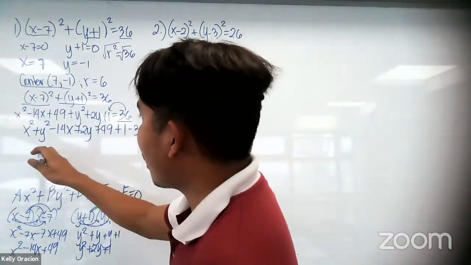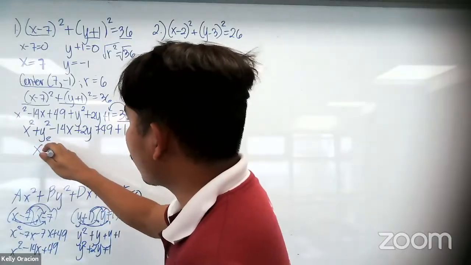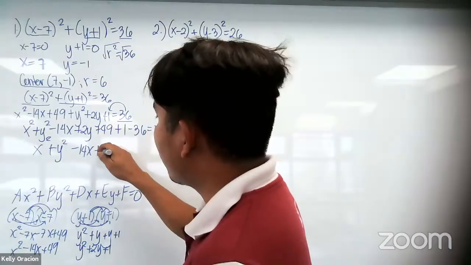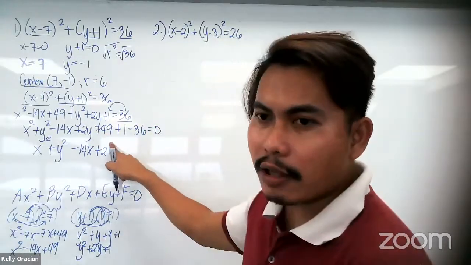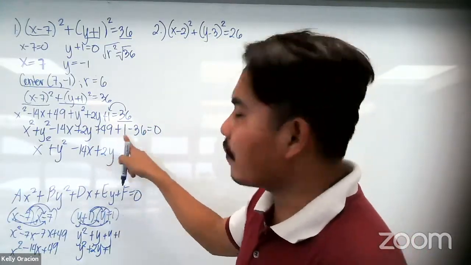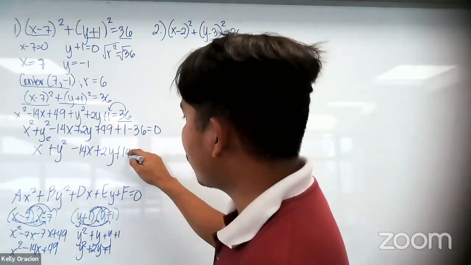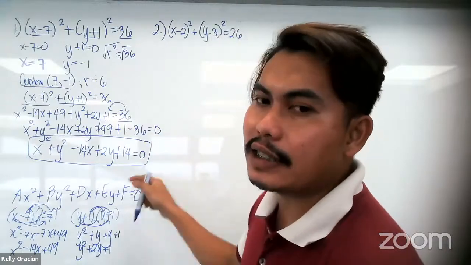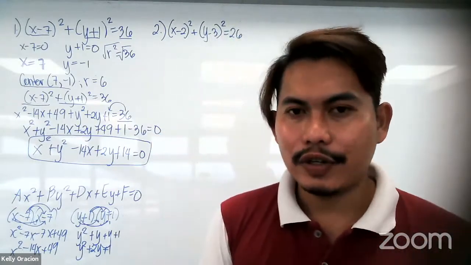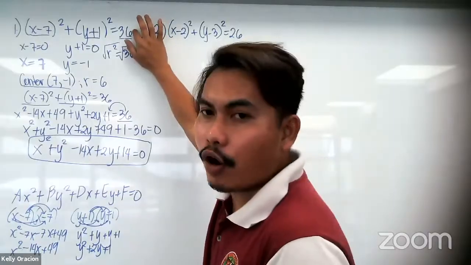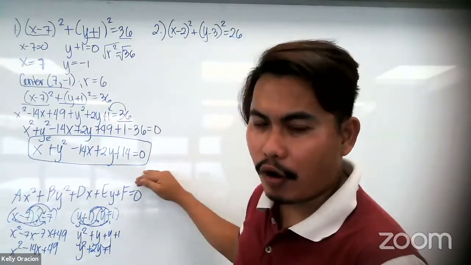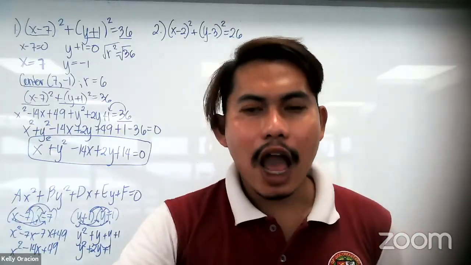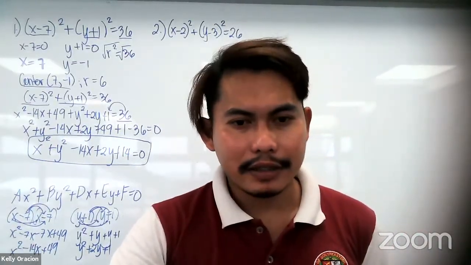And then you will have the final answer, x squared plus y squared minus 14x plus 2y, 49 plus 1 is 50, 50 minus 36, that's positive 14, equals 0. And this is now your answer, from this standard form to this general form. So kindly copy. I will give you time to copy.